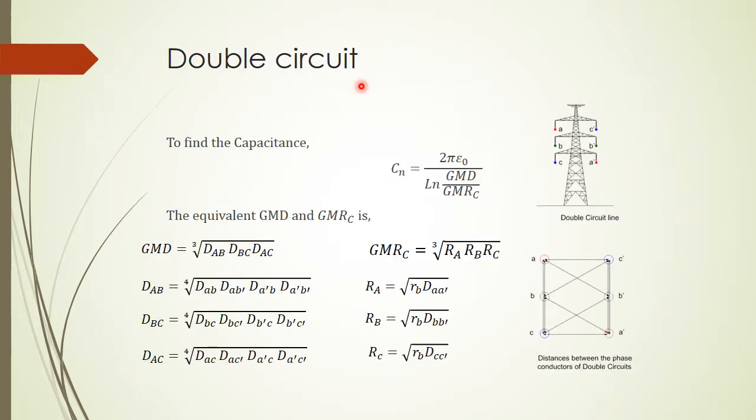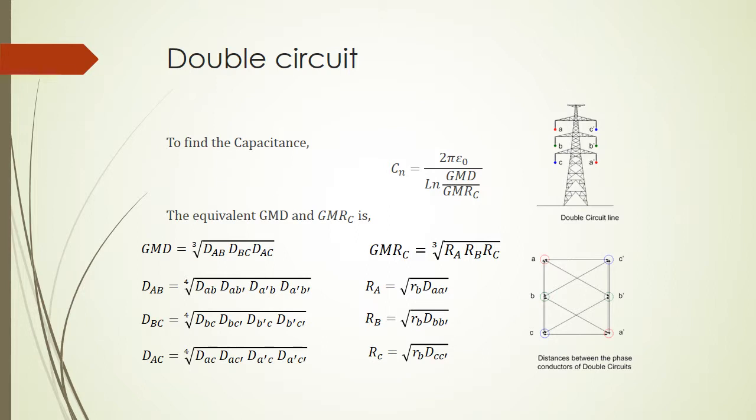Now we look at the case of a double-circuit line. We apply the same formula. In this case, Cn equals 2 pi epsilon 0 over logarithm of GMD over GMRC. When the double-circuit line is transposed, the average capacitance on each phase will be the same.